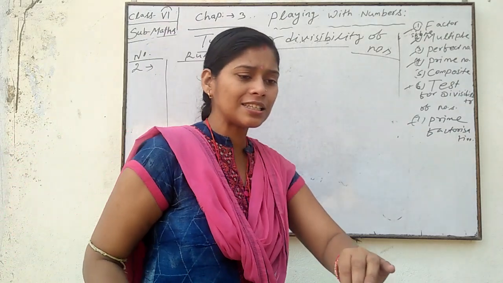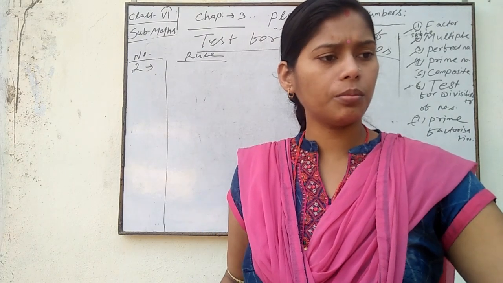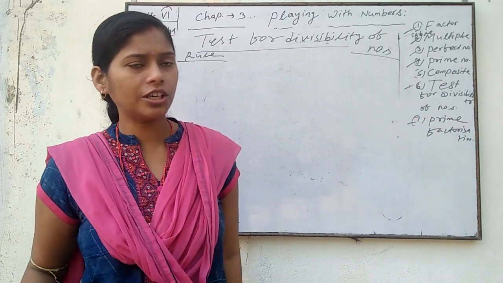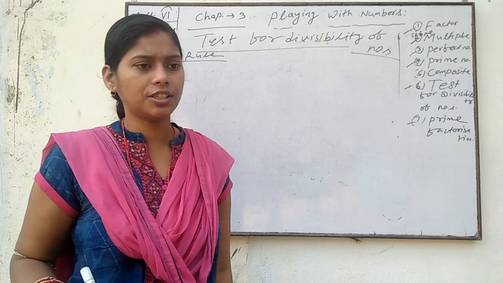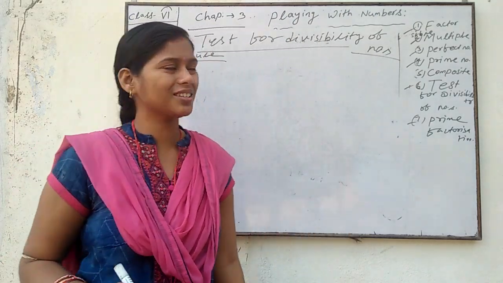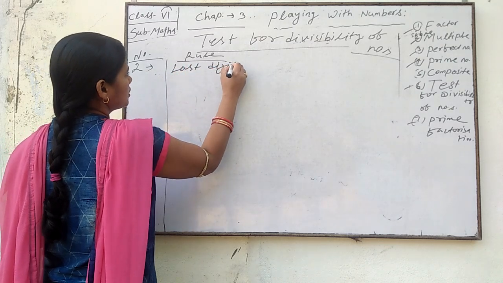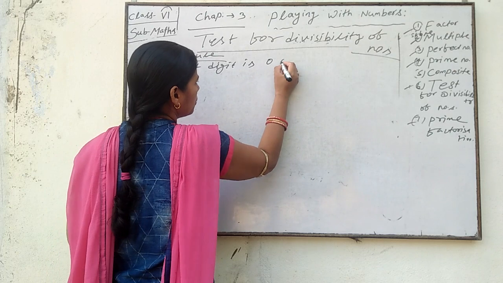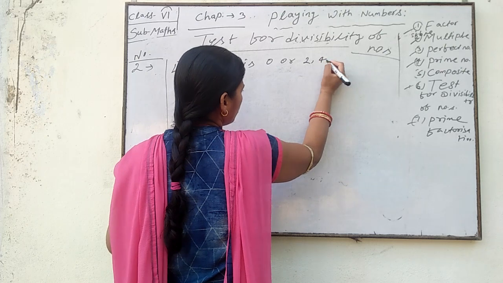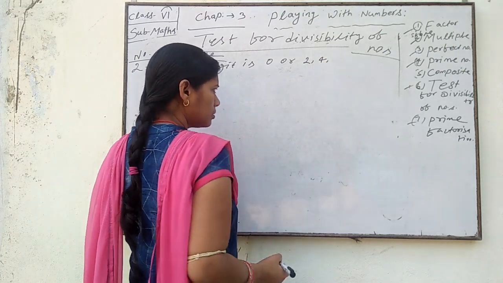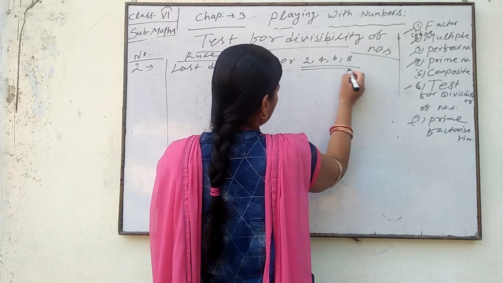It means your last digit, if the last digit of a number is 0 or even, the digit at the one's place, is 0 or 2, 4, 6, 8, these are even.